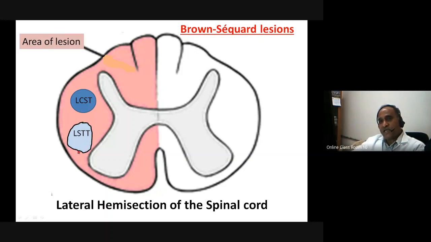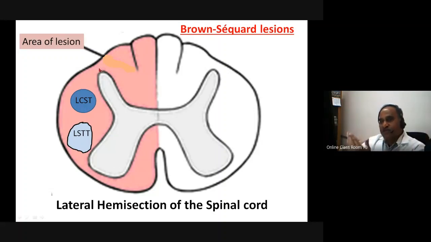This lateral spinothalamic tract receives the inputs from the contralateral side of the body. Suppose this tract, after ascending, the fibers go through this, going to the thalamus. So this is a crossed fiber. This blue one is an uncrossed fiber. Okay, just having that brief idea.